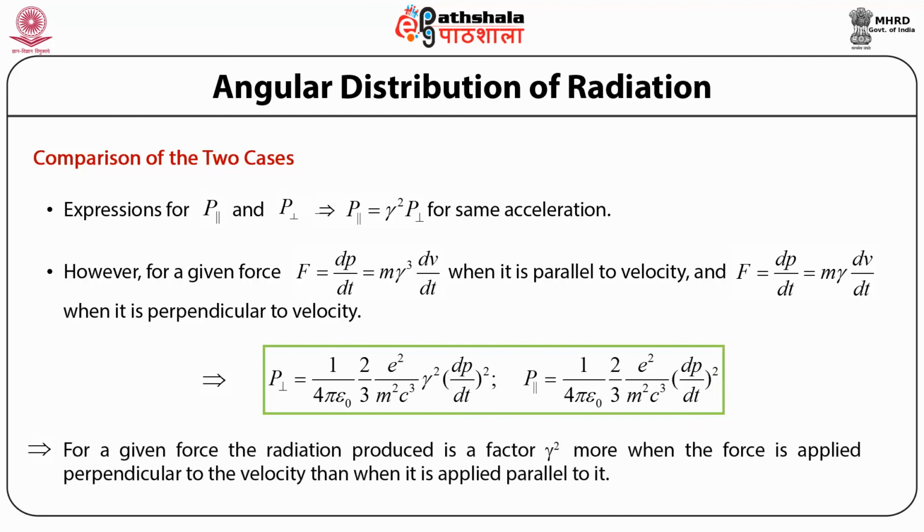Thus, for a given force, the radiation produced is a factor gamma square more when the force is applied perpendicular to the velocity than when applied parallel to it. Of course, if the force comes from a magnetic field, it is always perpendicular to the velocity.